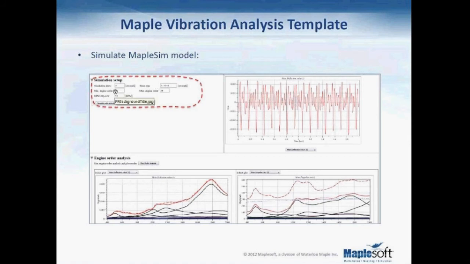You can also sweep the vibration over a range of engine orders. For example, here I enter 1 for the minimum engine order and 24 for the maximum engine order. So we can simulate and extract the maximum stress for the 24 vibration orders.